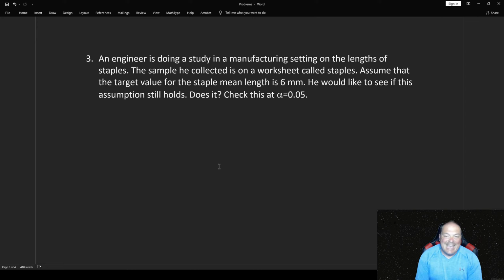If you can't get that it's a hypothesis test from all of that, this sentence right here should give you a clue, because I'm asking you to check this at alpha equal to 0.05. If you see something like that, there's a really good chance that it's a hypothesis test. In this case, we're making a statement that the target value is 6 millimeters, and now we're checking on that statement.